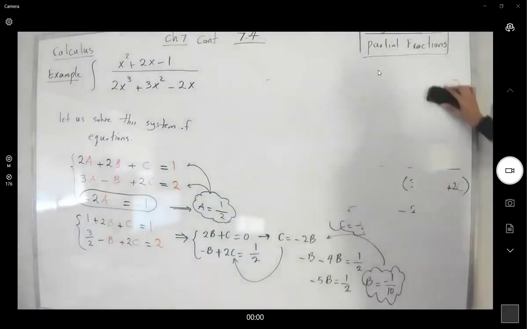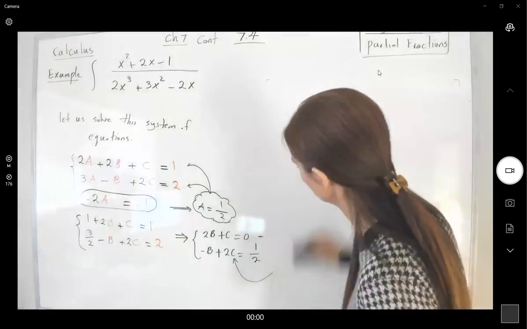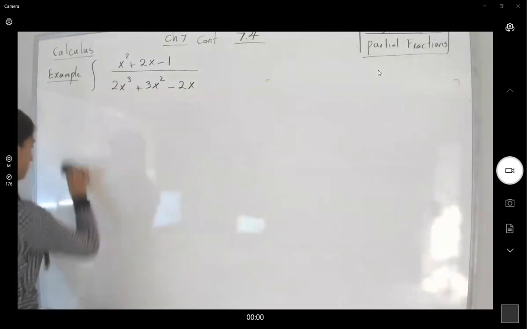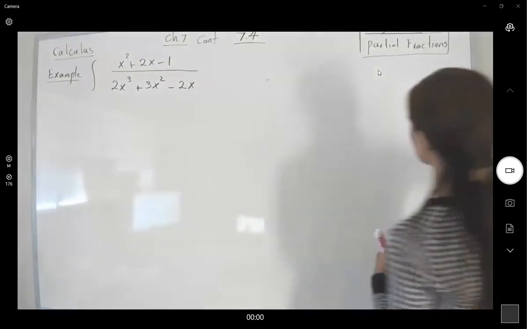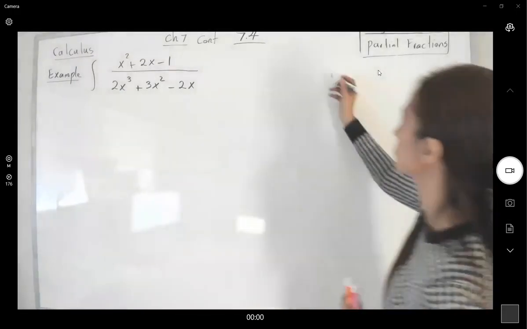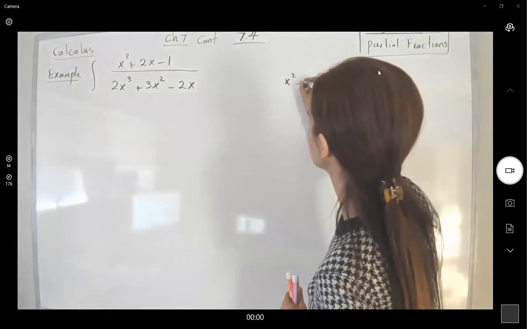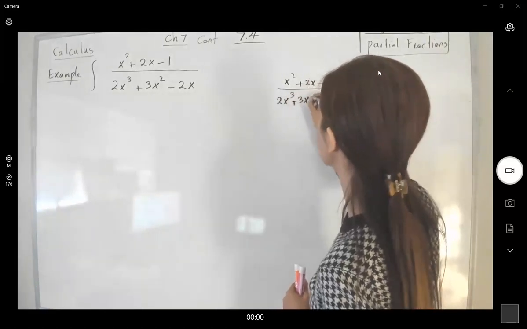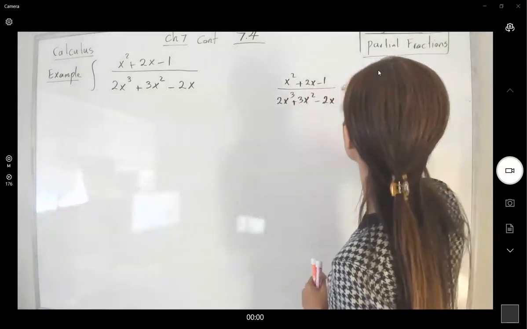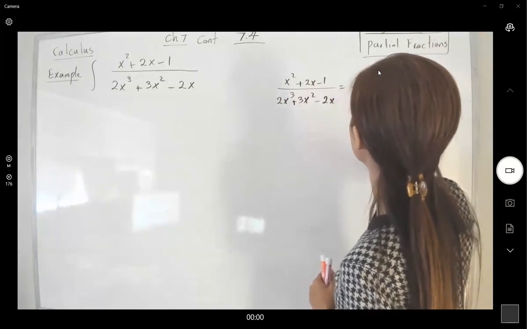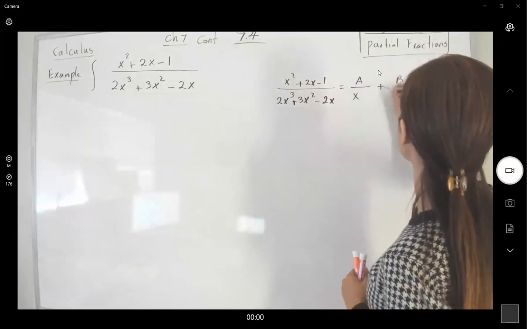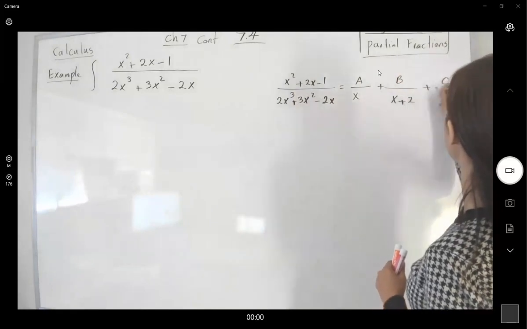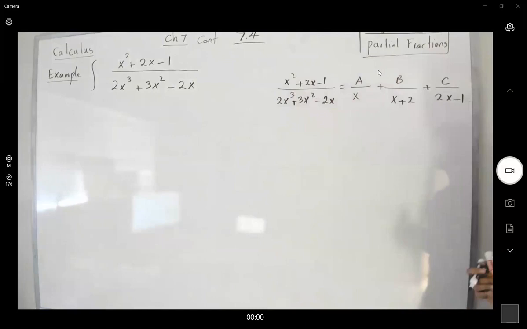So take a look at this. We start breaking down x squared plus 2x minus 1 divided by 2x cubed plus 3x squared minus 2x as a over x plus b over x plus 2 plus c over 2x minus 1.